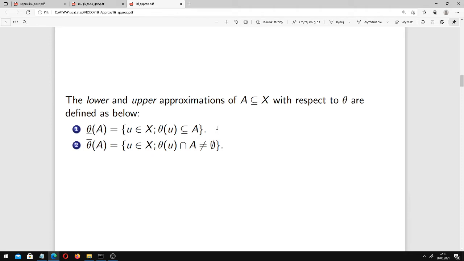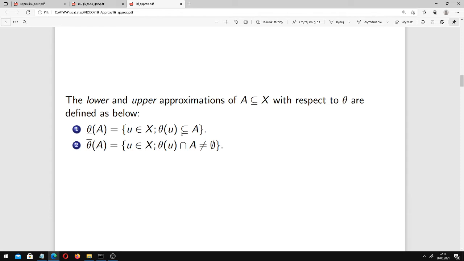Now we define the lower and upper approximations of A contained in X. A is a set contained in our universe, and we define its lower and upper approximation with respect to theta. This idea is taken from Pawlak, from his theory of rough sets, but here it's extended to any binary relations. Here we have the lower approximation.